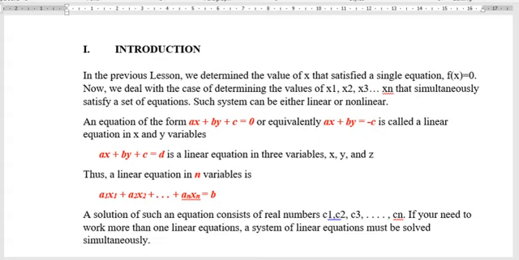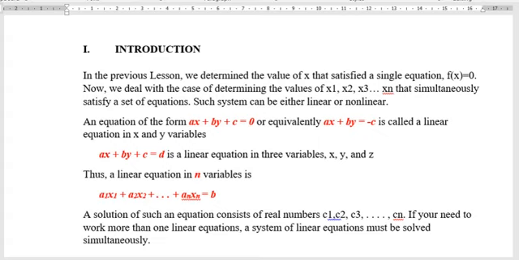An equation of the form ax plus by plus c is equal to 0 is also equivalent to ax plus by is equal to negative c. Nilipat lang yung c sa kabila kaya naging negative. It's called a linear equation of x and y variables. Ax plus by plus cz is equal to d is a linear equation in three variables, x, y, and z.